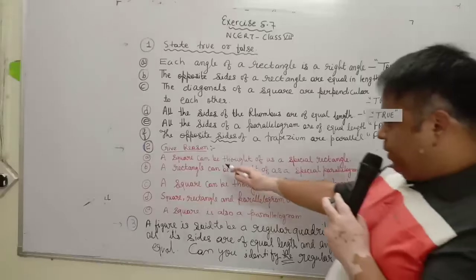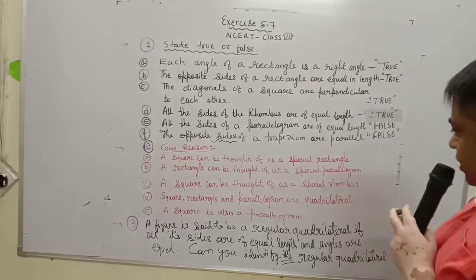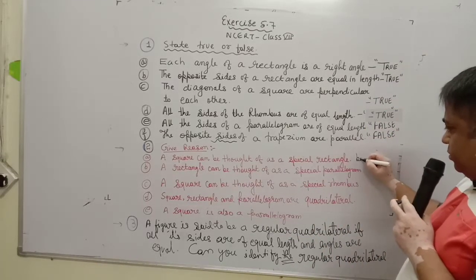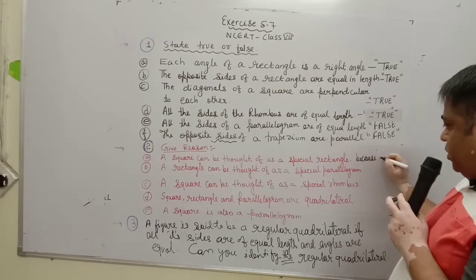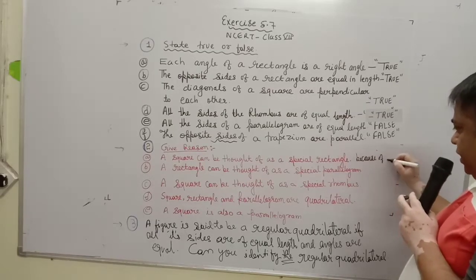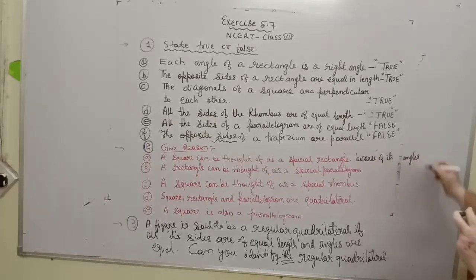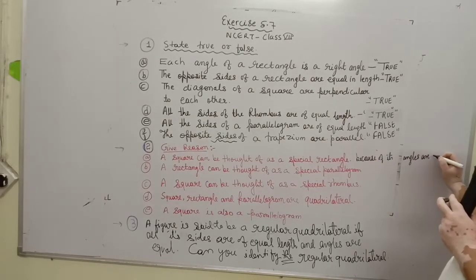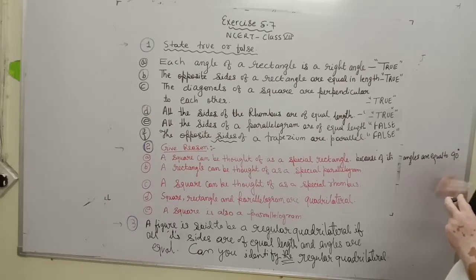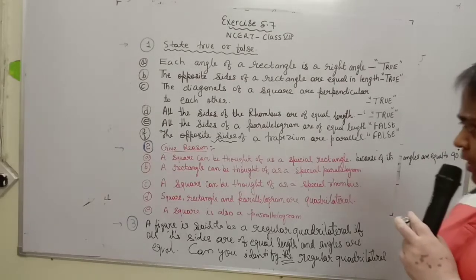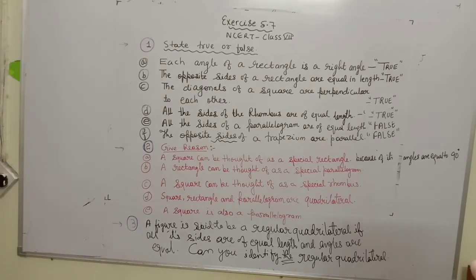A square can be thought of as a special rectangle because of its angles, which are equal to 90 degrees. Since its angles are of 90 degrees, the square can also be thought of as a special rectangle.